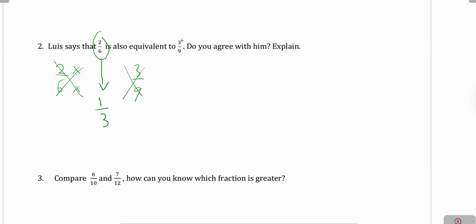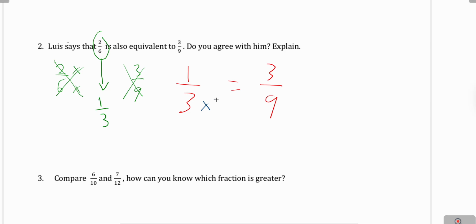Well, you should be able to notice a direct relationship. For example, is it possible for 1/3 to become 3 9s? Let's see. How does 1/3 become 3 9s? Well, 3 times what will give you 9?